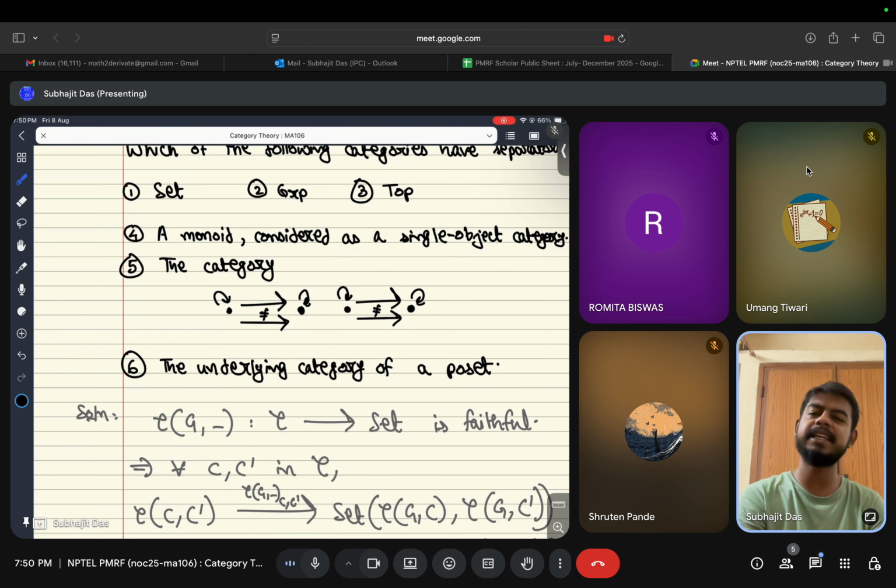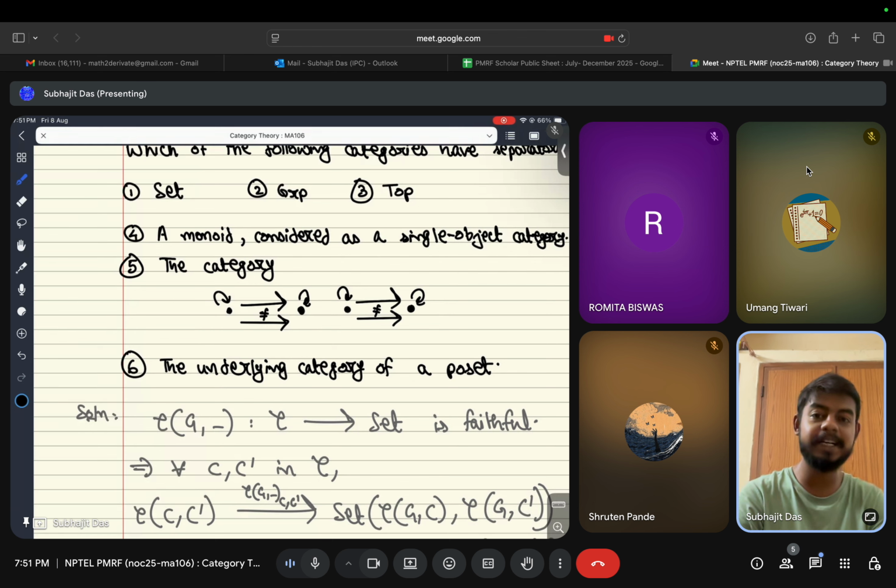So does this category have a separator? Think about this carefully. A separator is an object which can detect distinctness of arrows, and it applies to all distinct arrows.